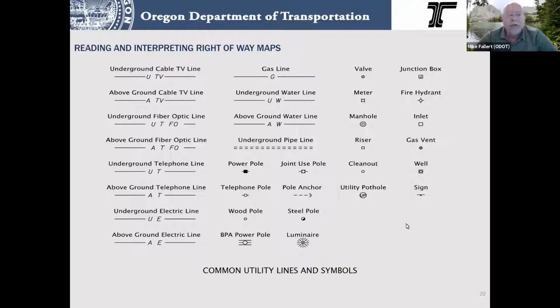The reason why we like to have a lot of this also is so that you can see what sort of things are inside of a take. You can see if there's utilities. You can see if there's something you need to go around. You know, I'm going to go right through a gas vent or a well or other things. And so it helps us understand as we're laying it out, but it also helps the right-of-way people.